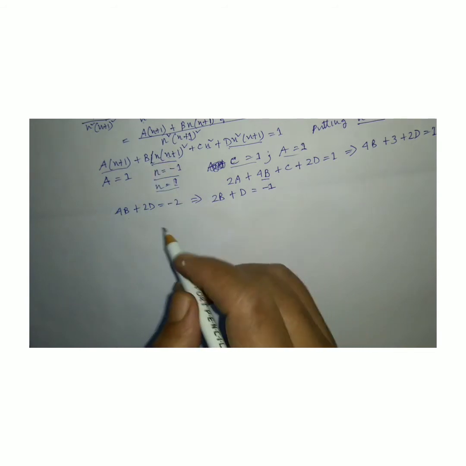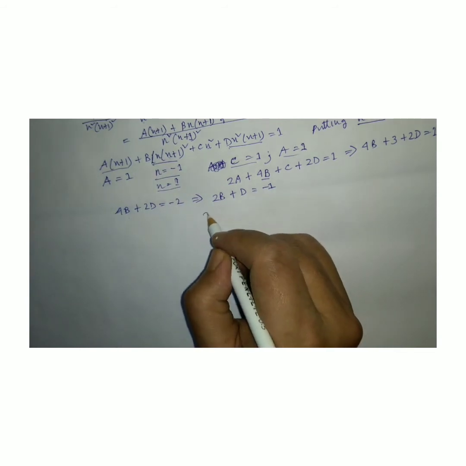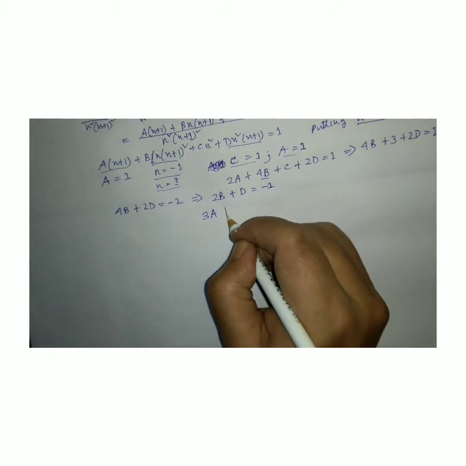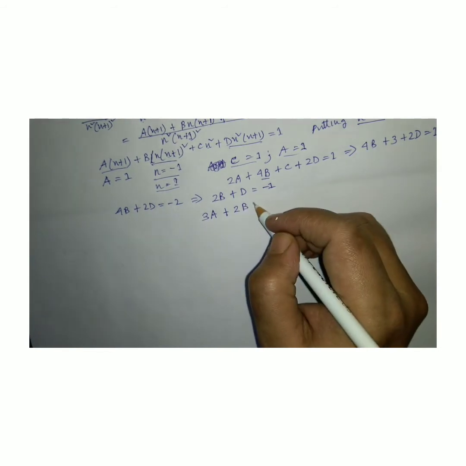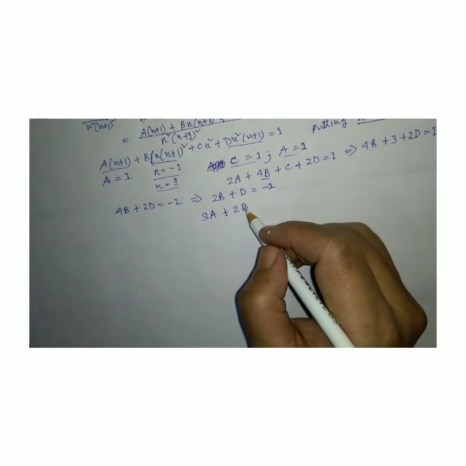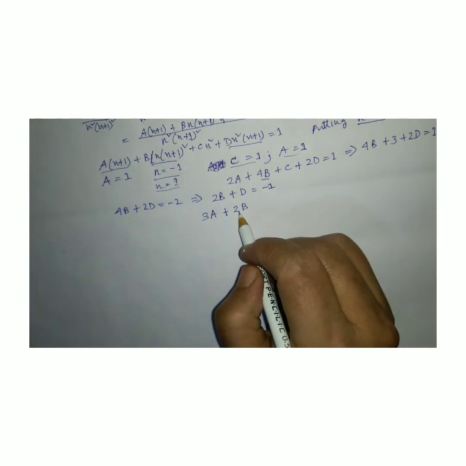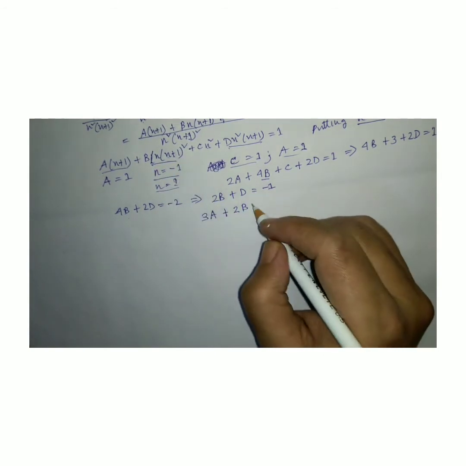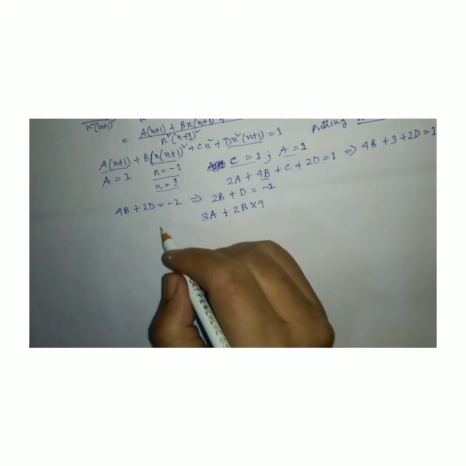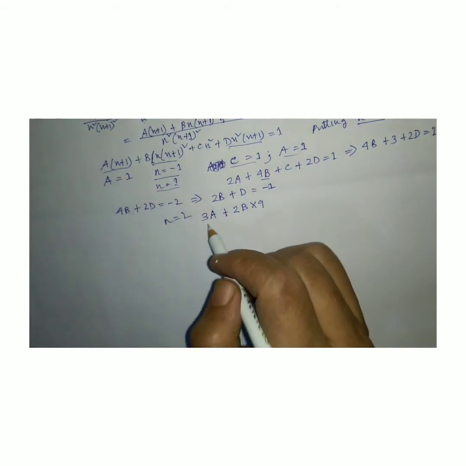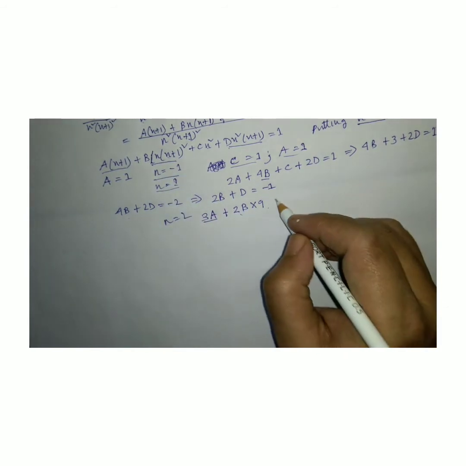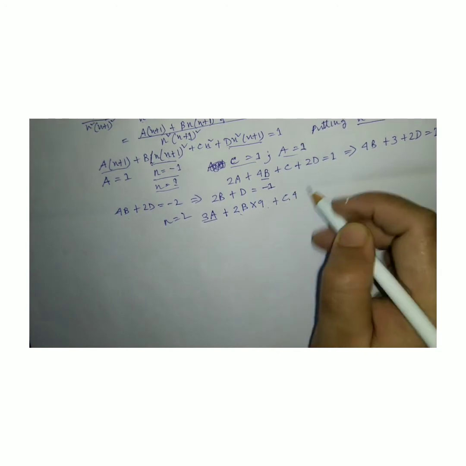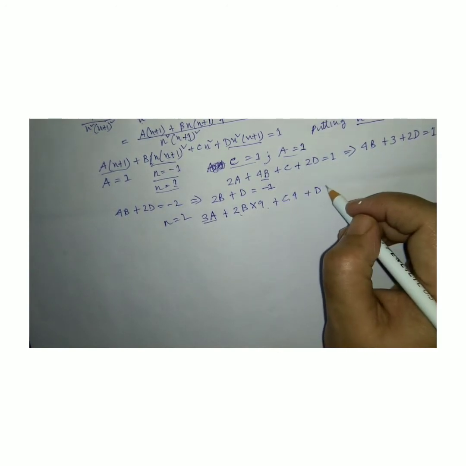So I can get 3a plus 2b into 9 plus c into 4 plus d into 12 equals to 1.